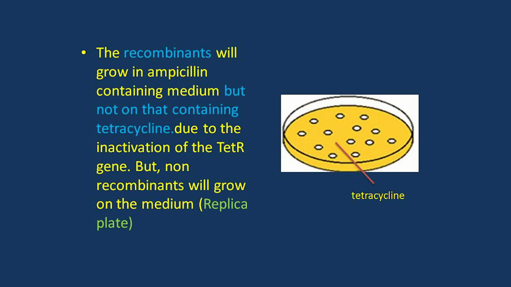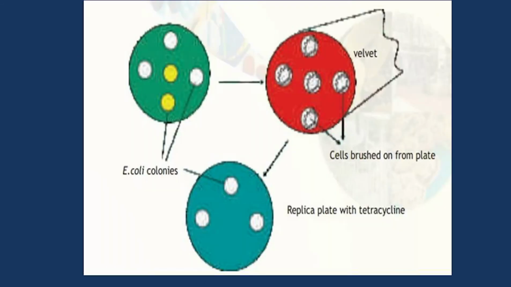This petri dish is called the replica plate. Now we compare the master plate and the replica plate. As shown in the diagram, two colonies shown in yellow color found in the master plate are missing in the replica plate. Those are the colonies we are interested in. They are selected from the master plate.